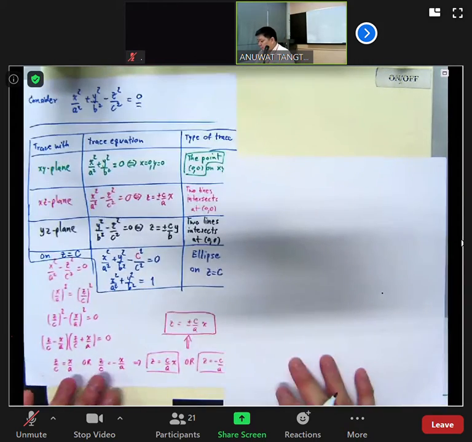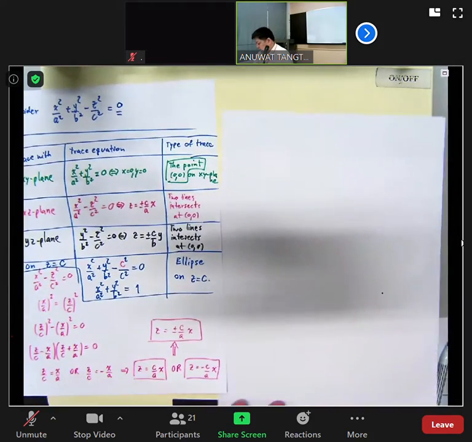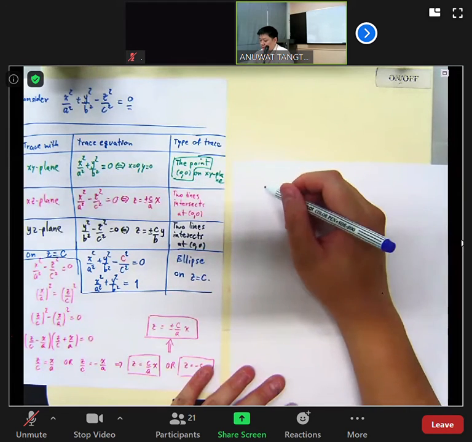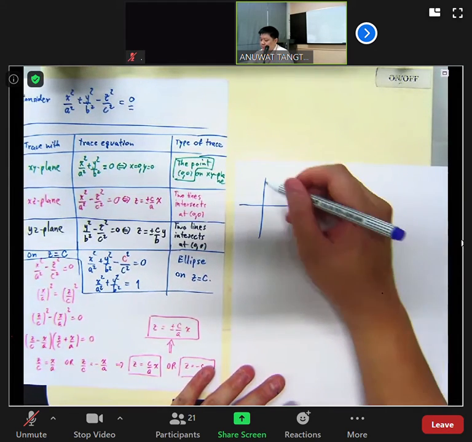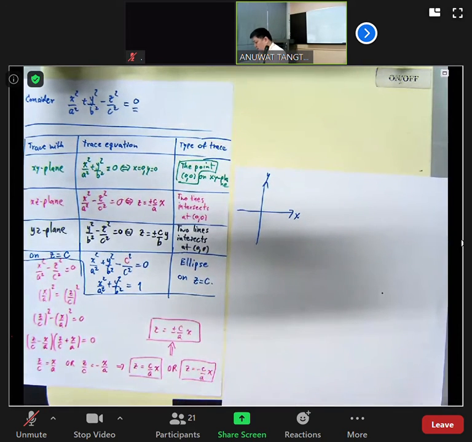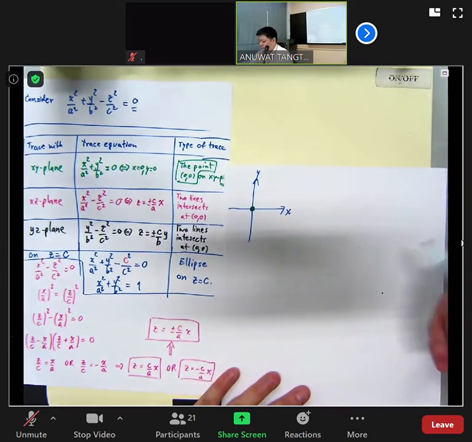Now I'm going to draw this on the three main planes. Okay, so this one is simple. On the xy plane, it would be just a point.